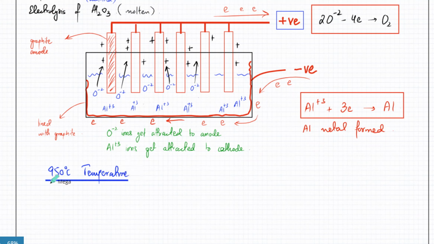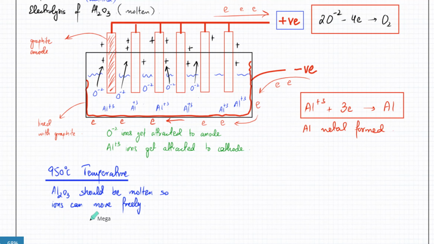Because you want Al2O3 to be molten so that the ions can freely move around, if they want to get attracted to the anode or the cathode, they should be able to move around.